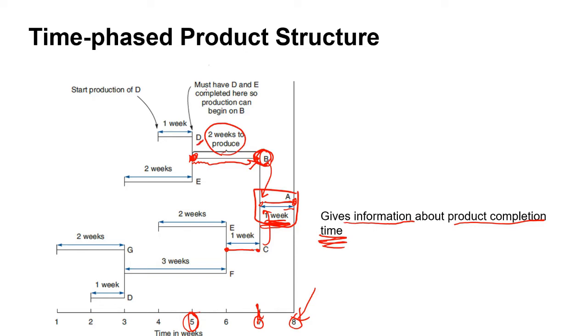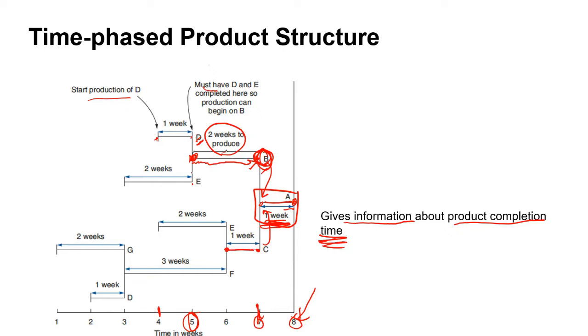For B to be assembled, you need D and E, but D will require 1 week. So the start of production of D is on week 4. So 1 week to complete D, and then E, maybe E is an ordered item, so 2 weeks.